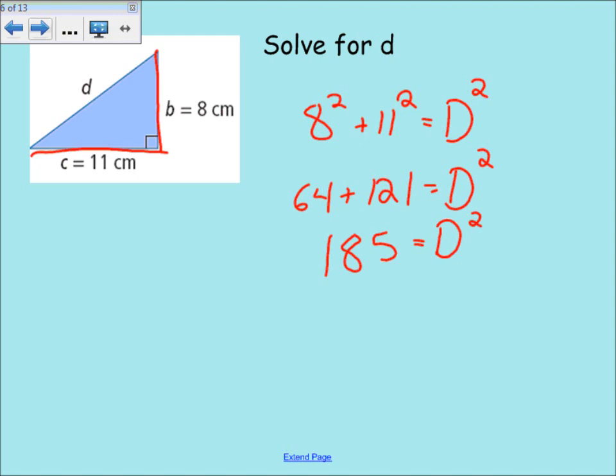To get rid of the square, we square root, which makes a square on this side. The square root of 185 is 13.6 centimeters.